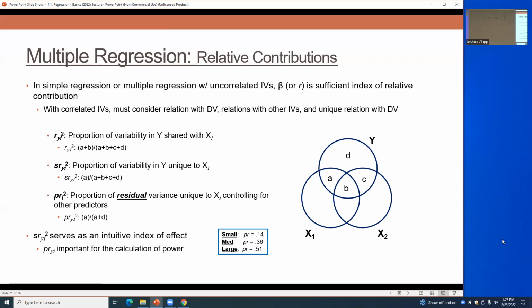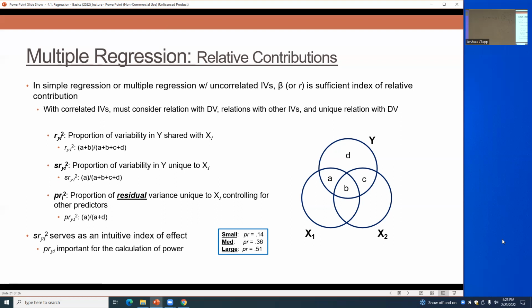The problem is we can square it, and it's hard to wrap our head around. My squared partial correlation would say that 15% of the residual variability remaining after controlling for other things in the model is attributable to my predictor.